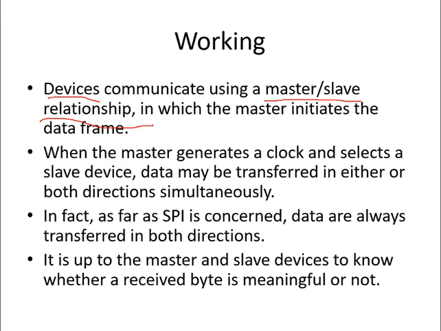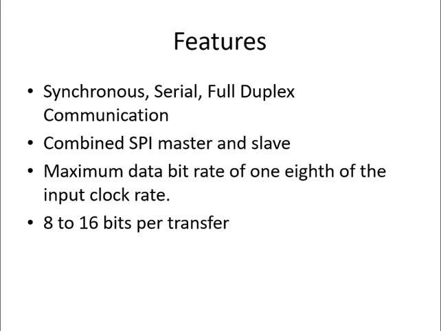That means you can have bidirectional data transfer or unidirectional data transfer in case of SPI. Only thing is it should be synchronized with the clock signal of the SPI module. In fact, as far as SPI is concerned, data are always transferred in both directions. It is up to the master and slave devices to know whether a received byte is meaningful or not. So normally data is transferred in bidirectional mode.